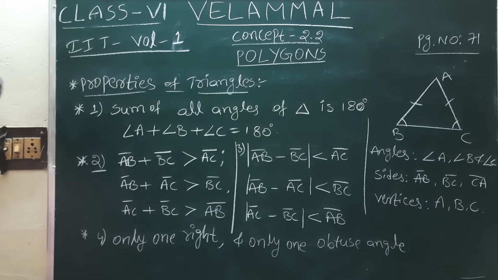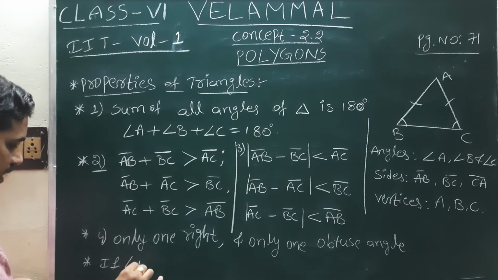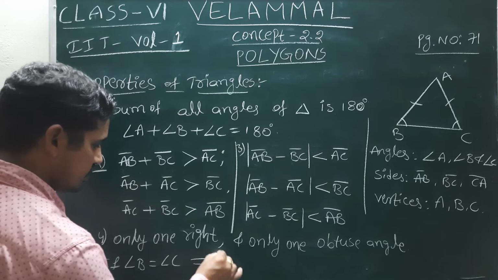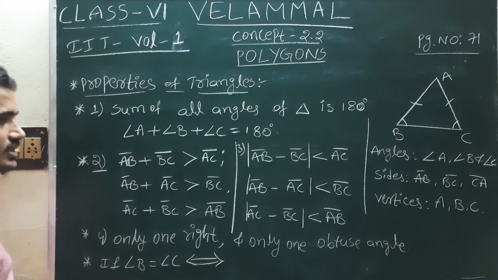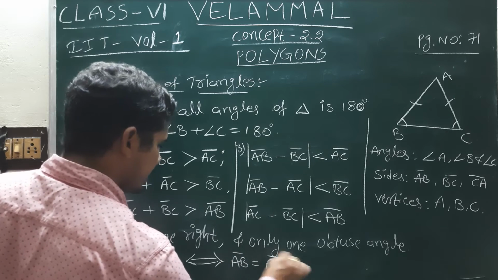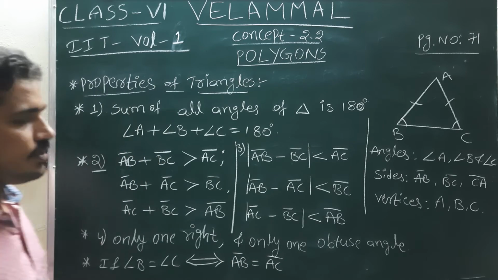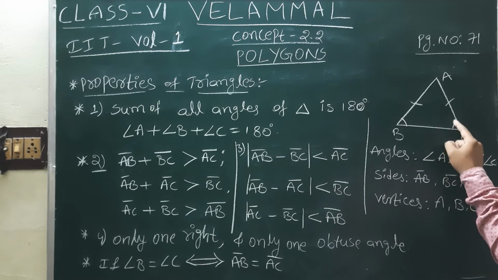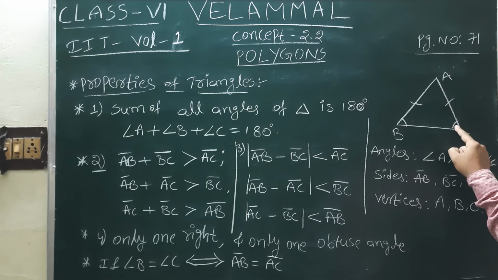So if angle B is equal to angle C, then directly we can say AB line segment is equal to AC line segment. How it will be? If two angles are equal in a triangle, then their opposite sides will be equal.